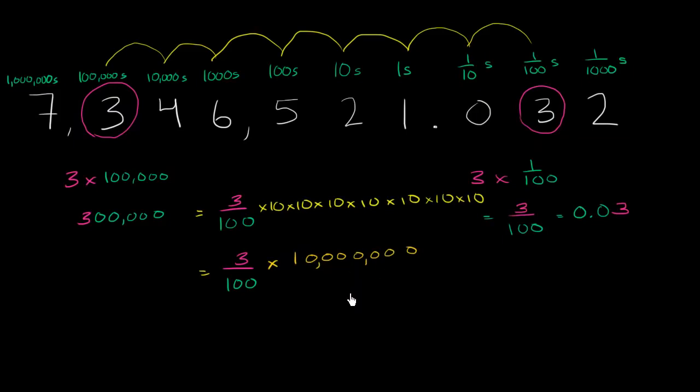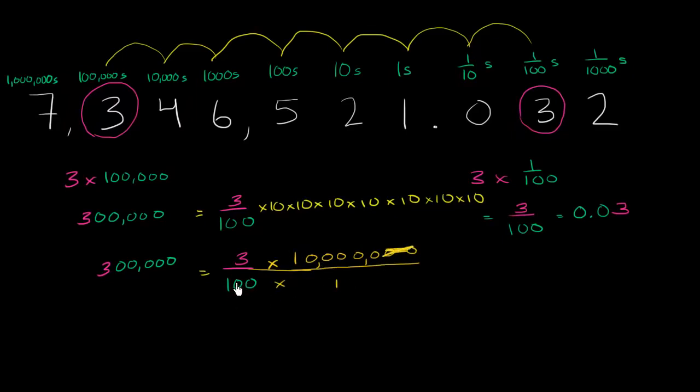So let's see if this actually is the case. Does this actually equal 300,000? Well, dividing 10 million by 100, you could say in the numerator you have 10 million and the denominator you have 100 if you were just to multiply it like this. If you view this as 3 over 100 times 10 million over 1, well, you divide the numerator by 100, you're going to get rid of 2 of these zeros.